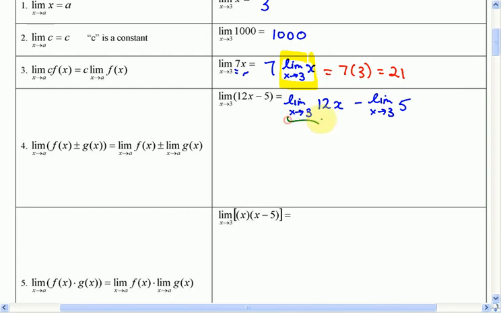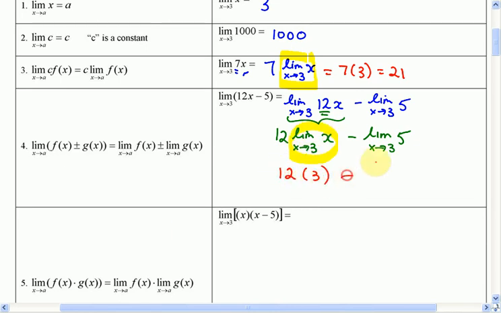To evaluate that first piece, you see how there's a constant. I'm going to use the previous property and take it out, and now we can just evaluate the limit as x approaches 3 of x. That's just the number 3. The limit as x approaches 3 of a constant 5 just remains a constant. So 36 minus 5, that's 29.